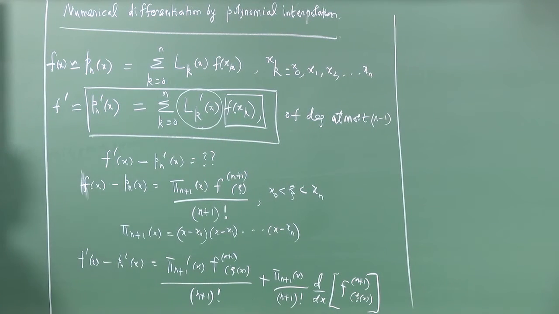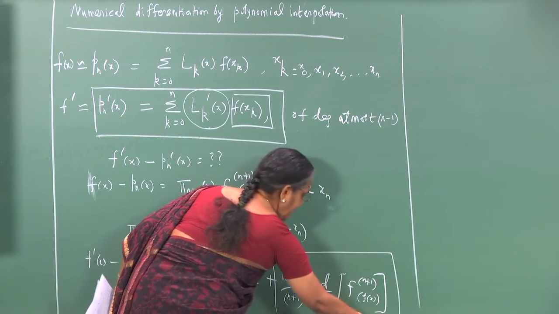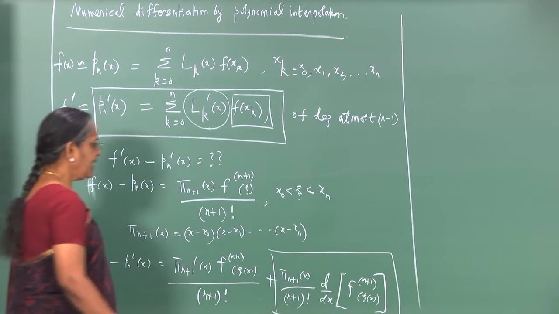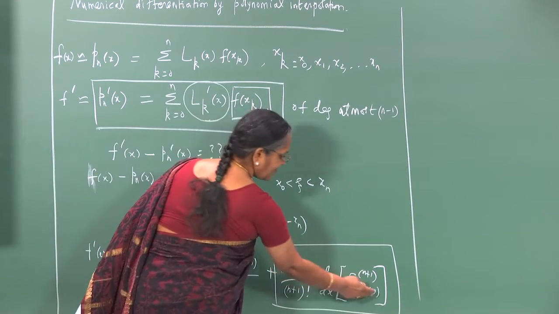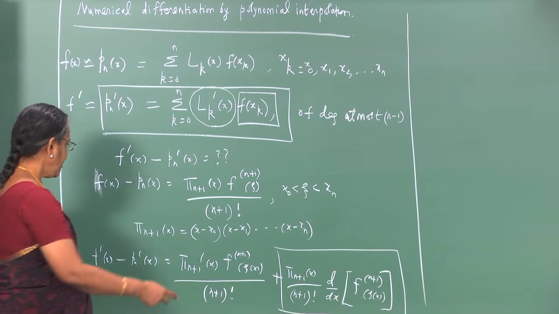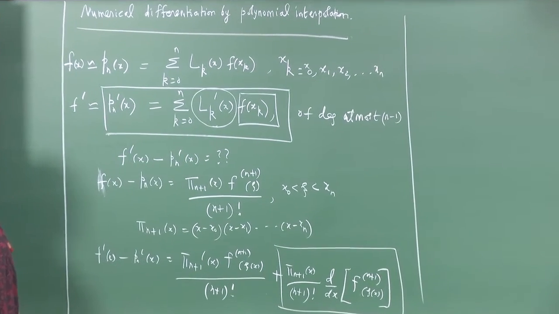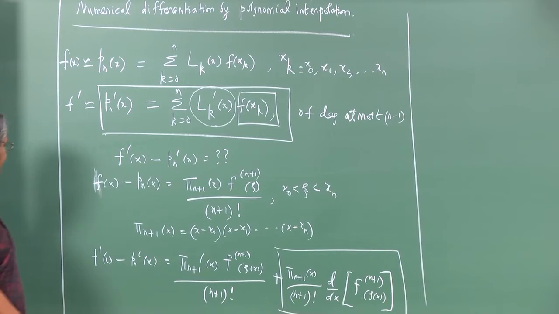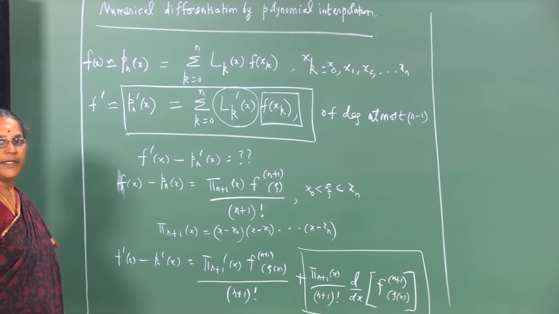If I look at this expression, I observe that I cannot estimate the second term because I do not know the dependence of psi on x, and therefore, I cannot use this to obtain an estimate for the error in f dashed of x minus pn dashed of x.